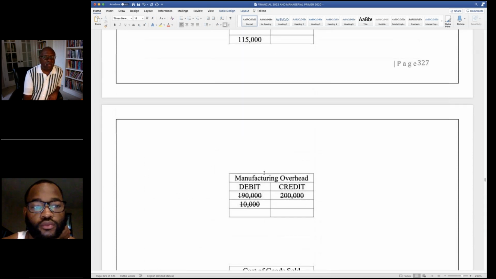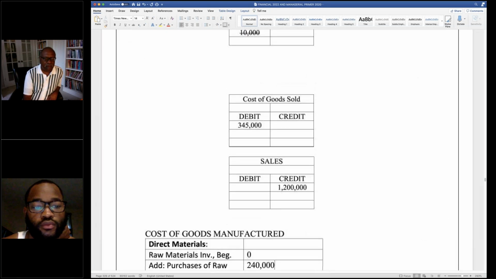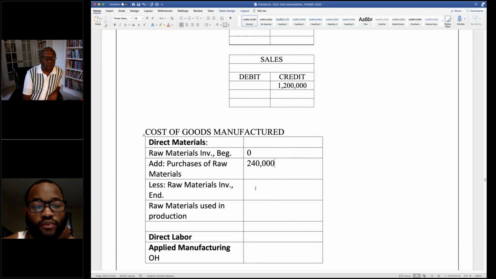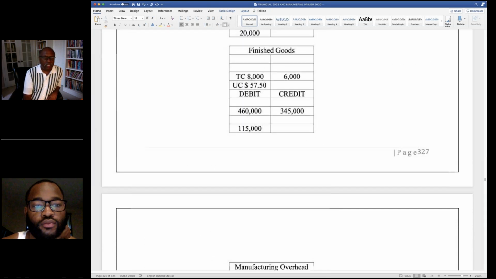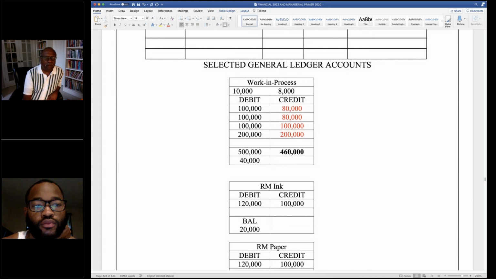Ending raw materials were 20,000 and 20,000, 40,000. And so raw materials used in production, 200,000, which agrees with what's in that work in process account, 200,000.